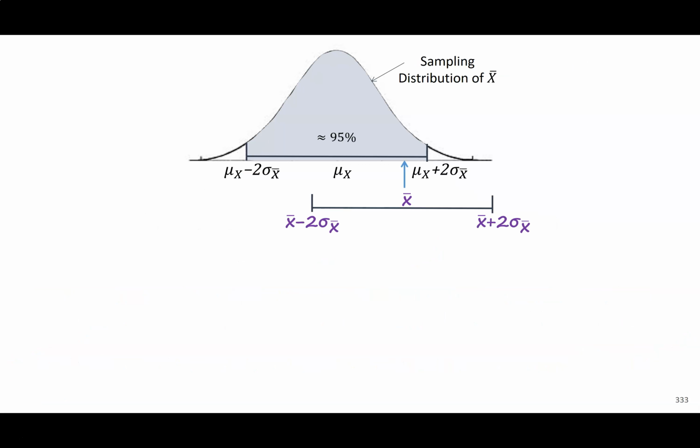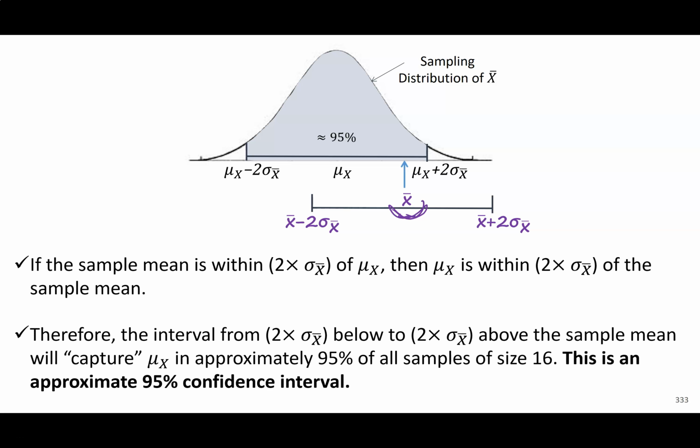Because if it is, we can use that logic. If our X bar is within 2 standard deviations of the mean, then the mean is within 2 standard deviations of our X bar. It's like the idea that A is as far from B as B is from A. So if our X bar is within 2 standard deviations of mu, mu is within 2 standard deviations of X bar.